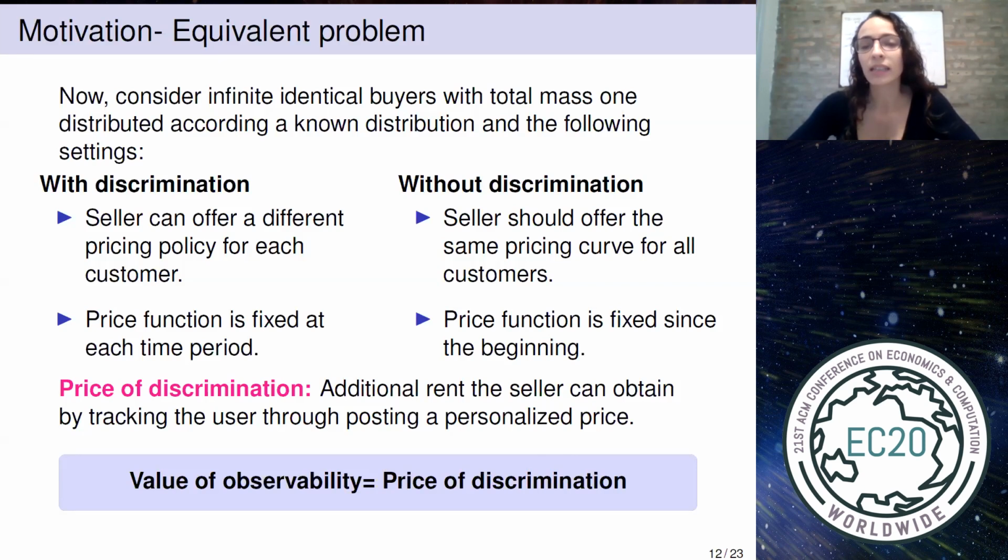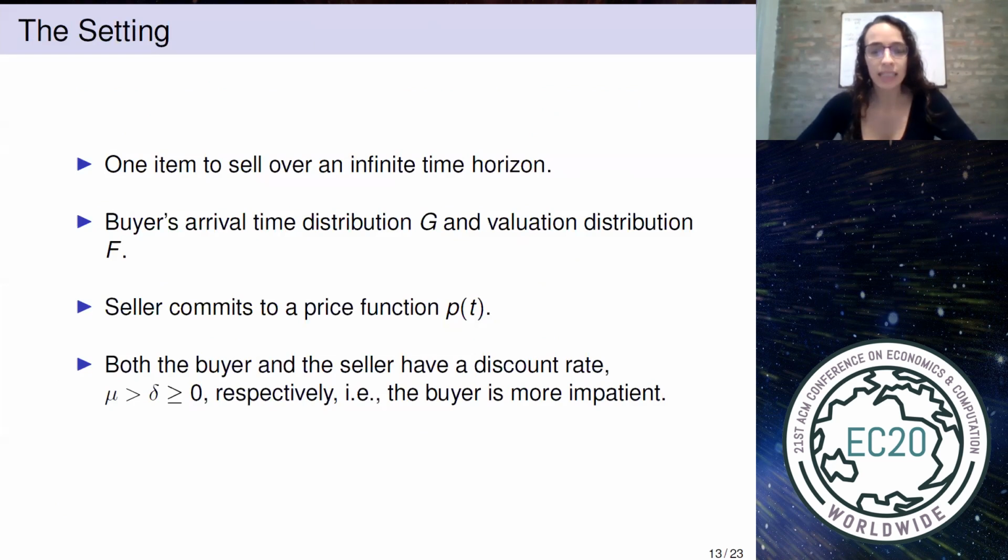And then in this work, we will bound what we call the price of discrimination, that is the additional rent the seller can obtain by personalizing pricing. So about the setting, we consider only one seller who has one item to sell over an infinite time horizon.